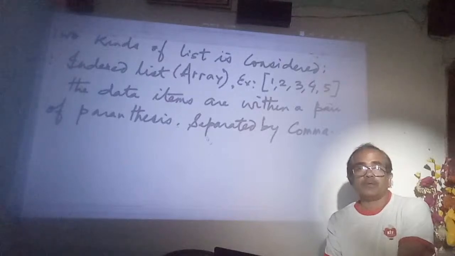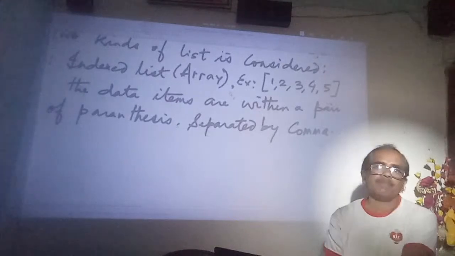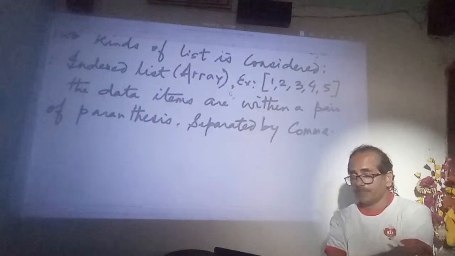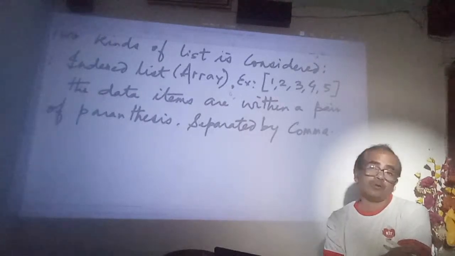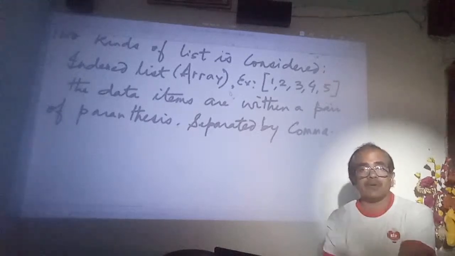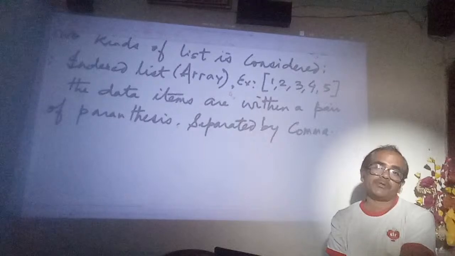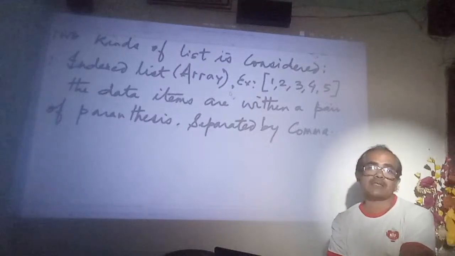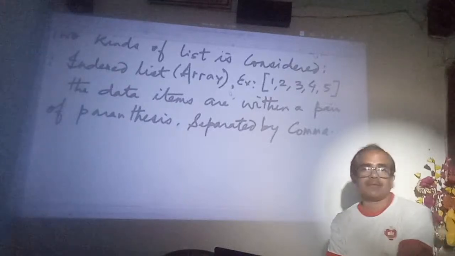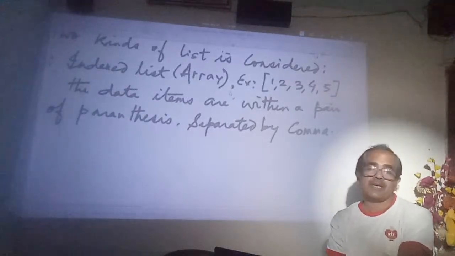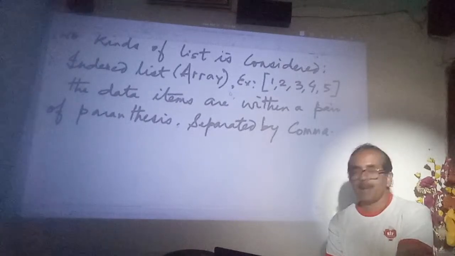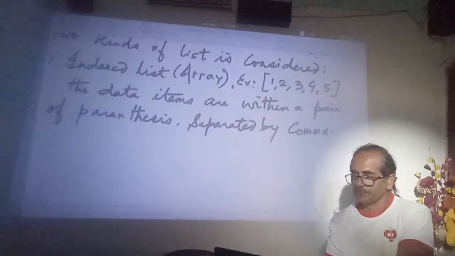One more thing: the values are homogeneous in the list, meaning the same type of value should be there. When numbers are there, only numbers can make a list, or when text or string is there, only strings can make the list, provided each individual string item is given within a pair of quotation marks.